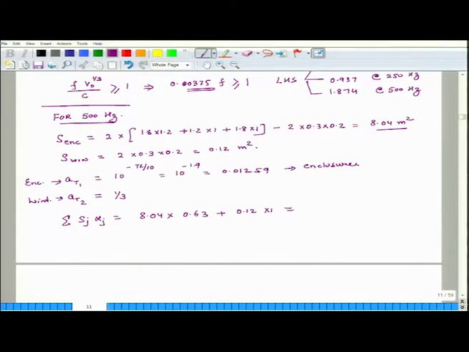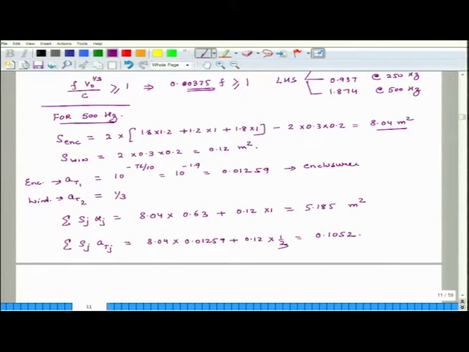That works out to be 5.185 meters square. And the sum of S j times transmission coefficient is the first area times its transmission coefficient 0.01259 plus 0.12 times 1 by 3, and this is equal to 0.1052.